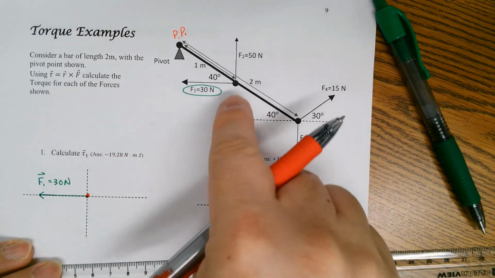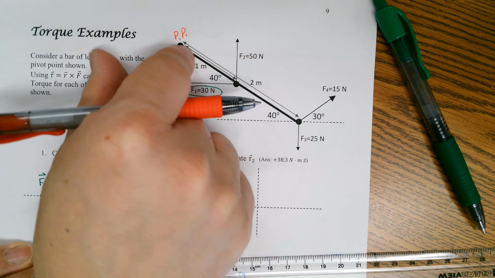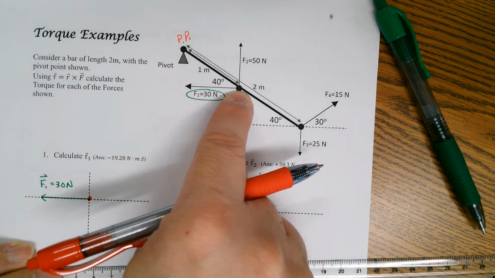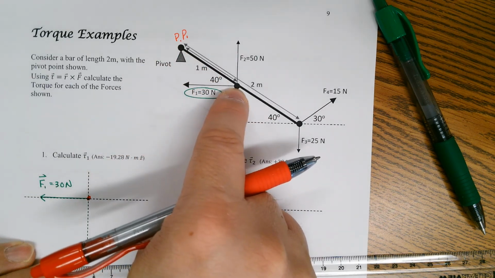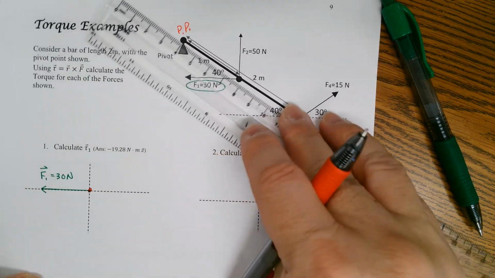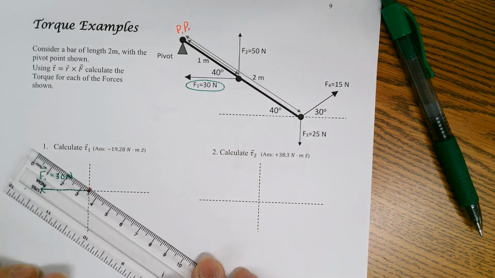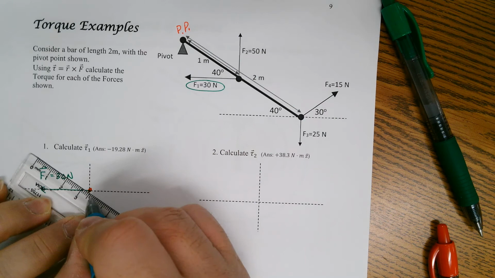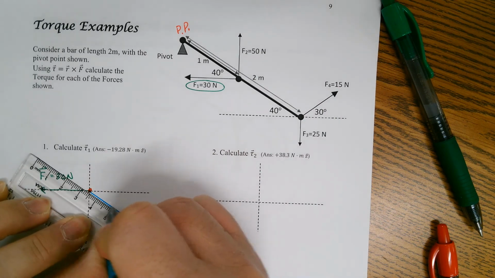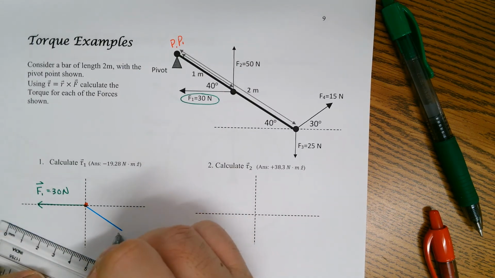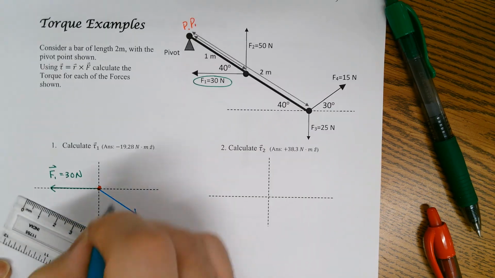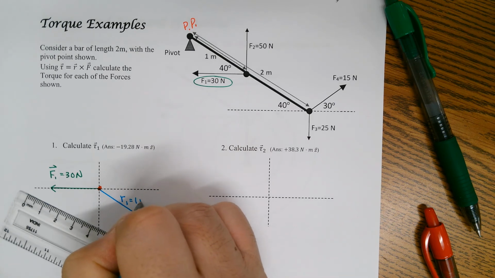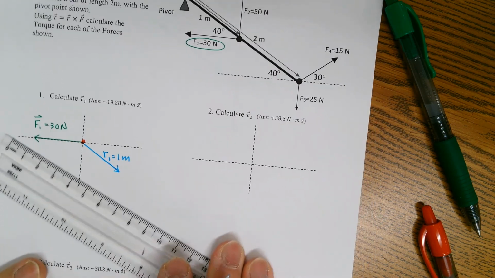So I draw my F1 at the common pivot point and draw my R, which is 1 meter long, in this direction. So my R1 is equal to 1 meter.